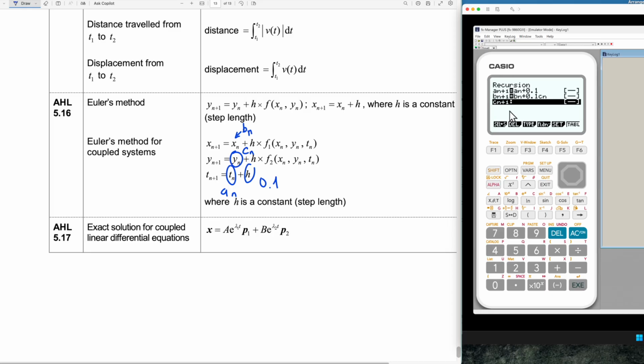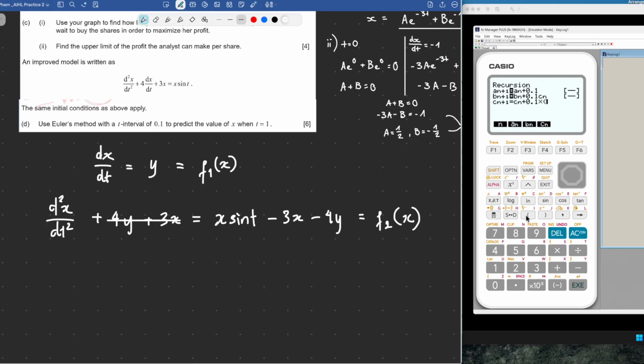And then cn plus 1 is cn plus h, the step 0.1, times the second function. Let me put a bracket, and then the second function is this one. X is bn because the time is an.